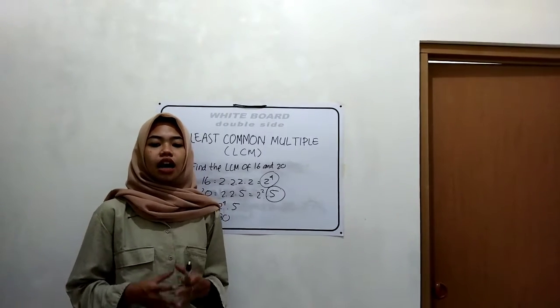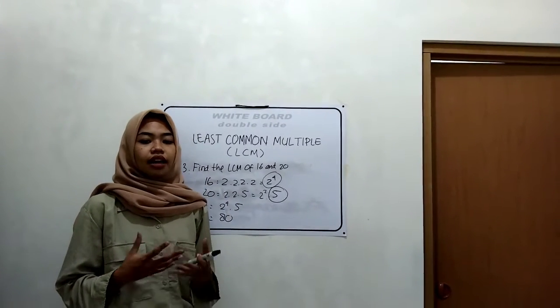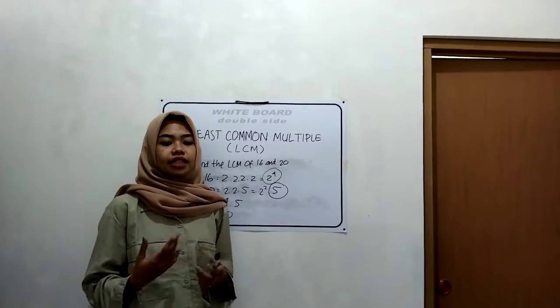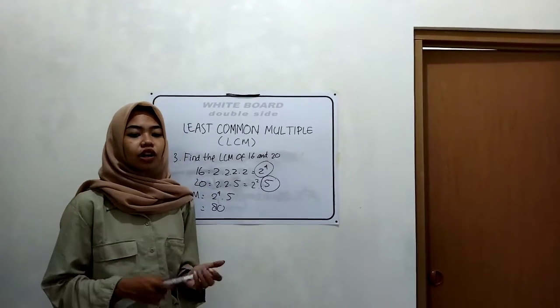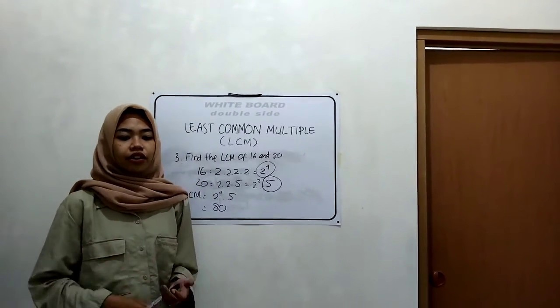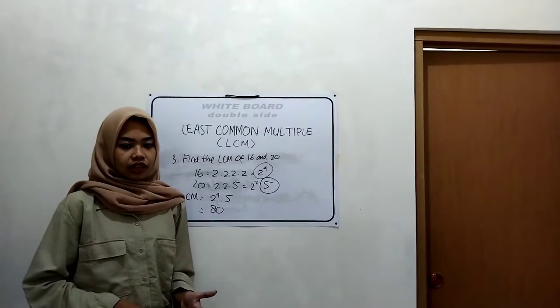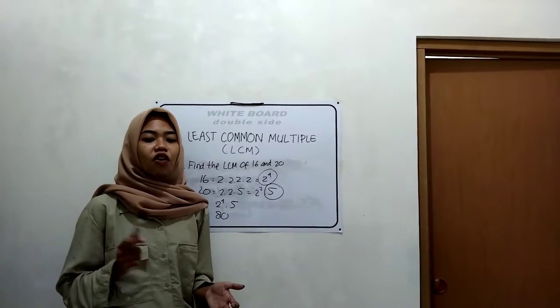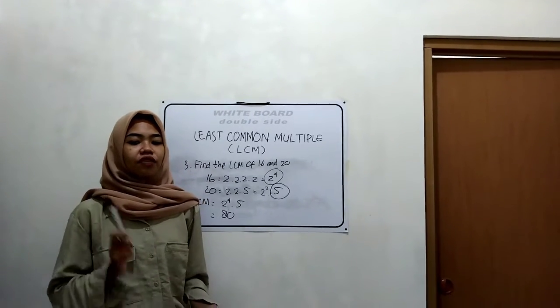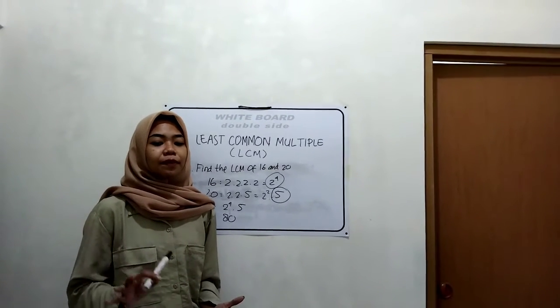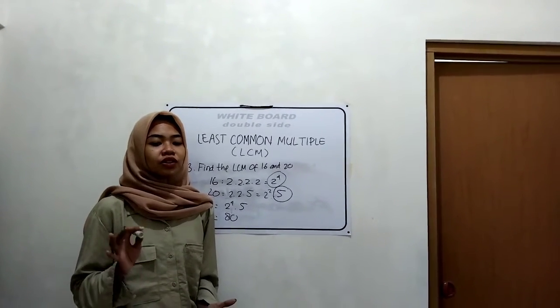If your numbers are small, listing multiples can be very quick and easy. But if you have large numbers, or three or four numbers, you don't really want to start listing.